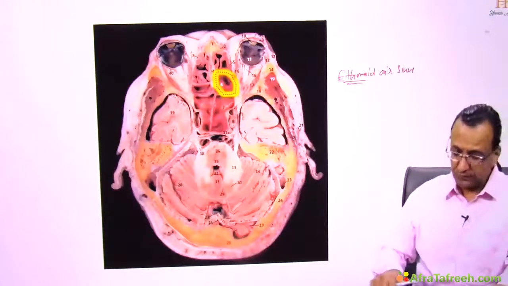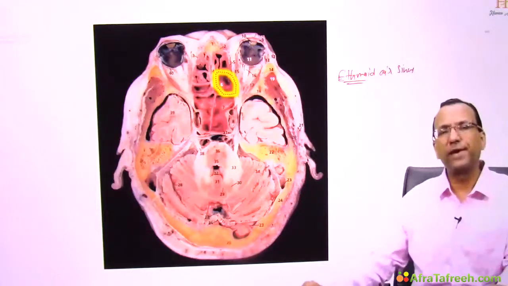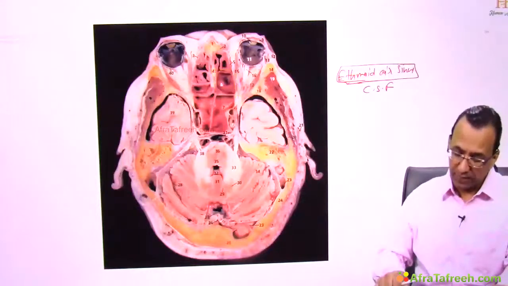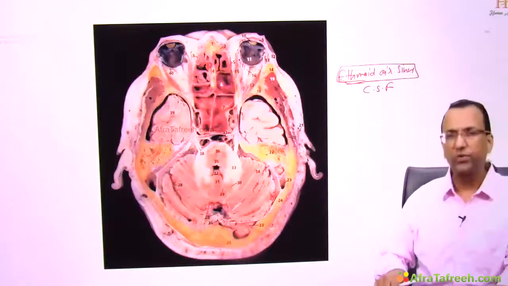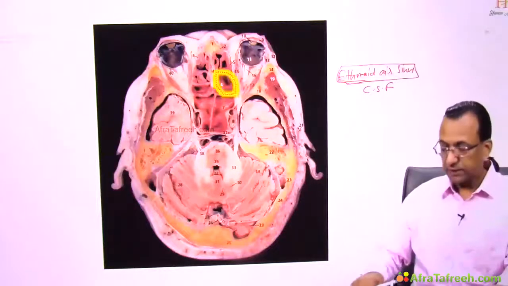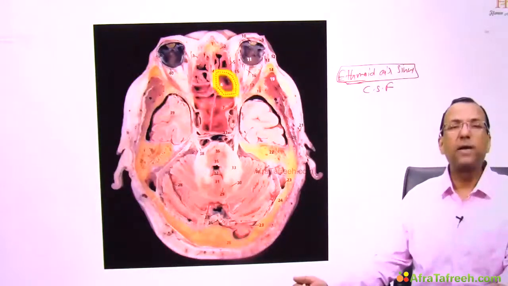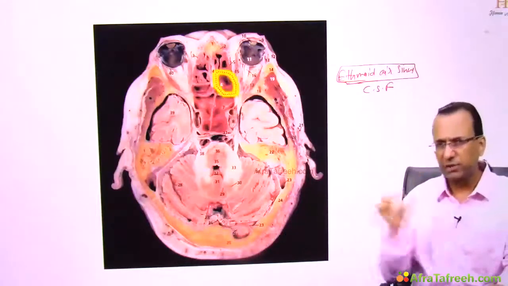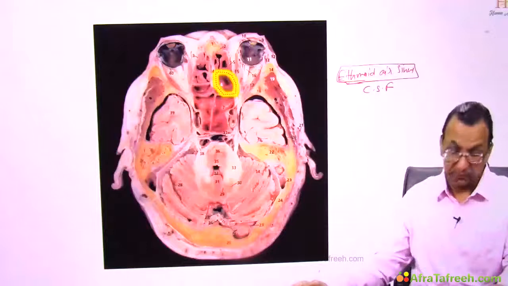If there is a fracture at the floor of the anterior cranial fossa, which is the roof of the nasal cavity, then there will be CSF in the ethmoid air sinus coming out of the nose, called CSF rhinorrhea.